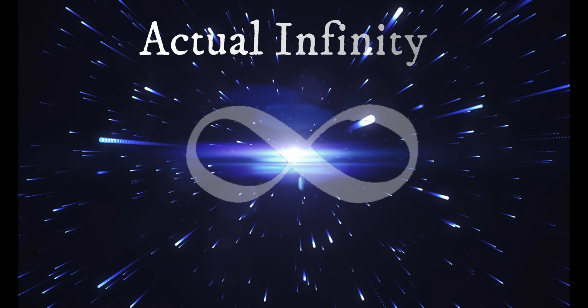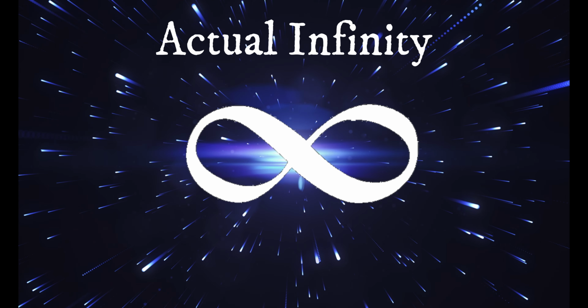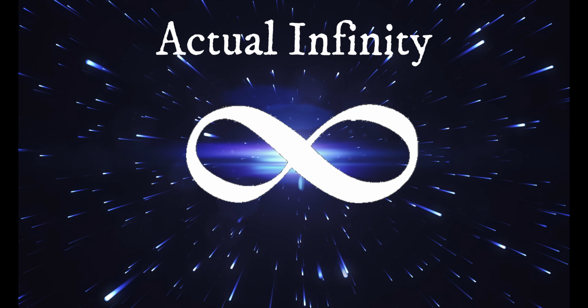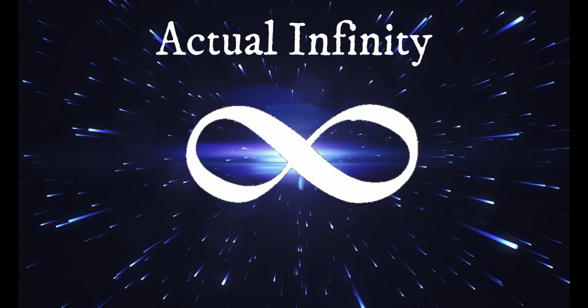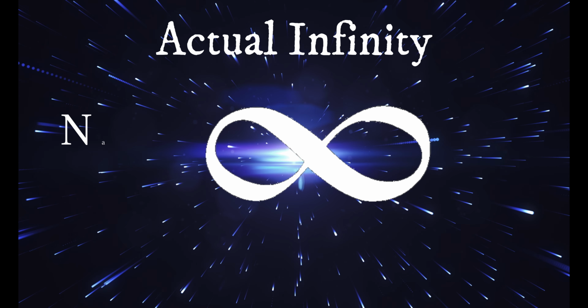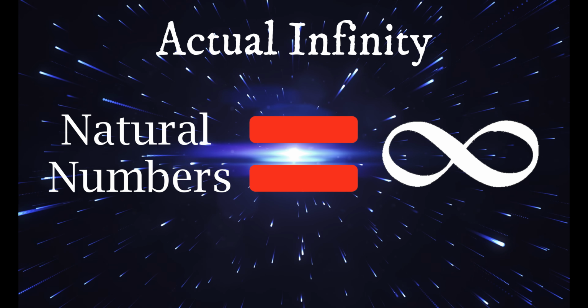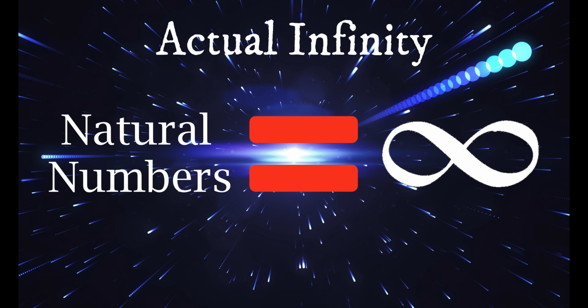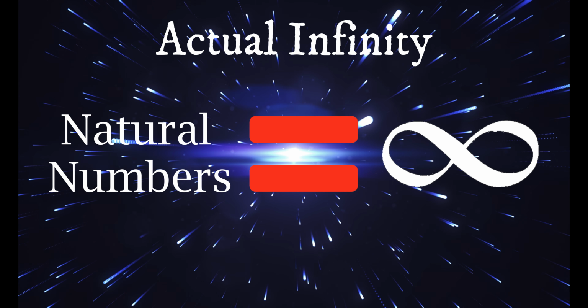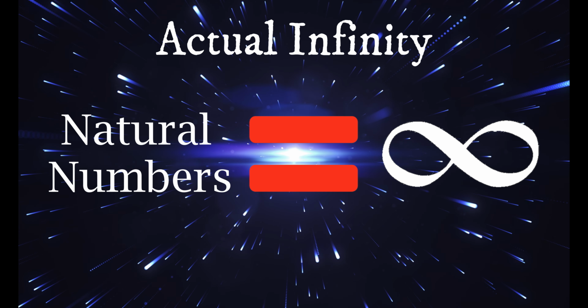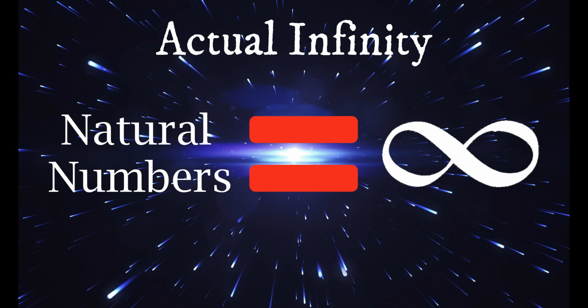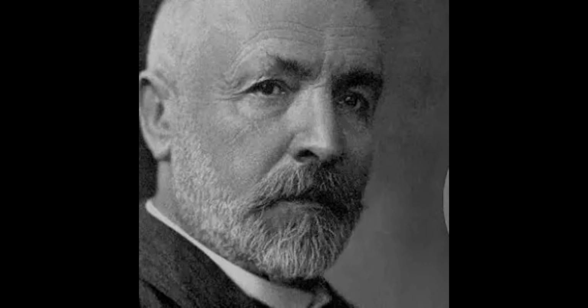Actual infinity, on the other hand, describes infinity as something we know exists and we just accept its infinite nature. Considering the set of natural numbers again, we accept that the set of natural numbers exists as an infinite entity at once.